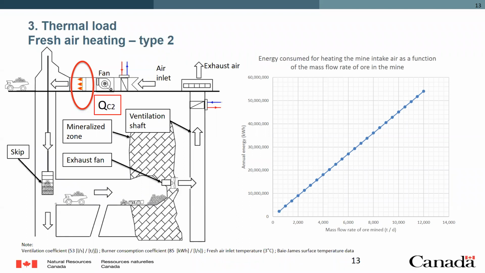So at that place, instead of using the burners to full capacity, you can have a heat exchanger, maybe even connected to the same exhaust of the mine, for which there are already solutions developed that CEMI has been showcasing already. And then you can bring the heat from the exhaust to preheat the inlet, and then save a significant amount of energy on the burner side, burner consumption.